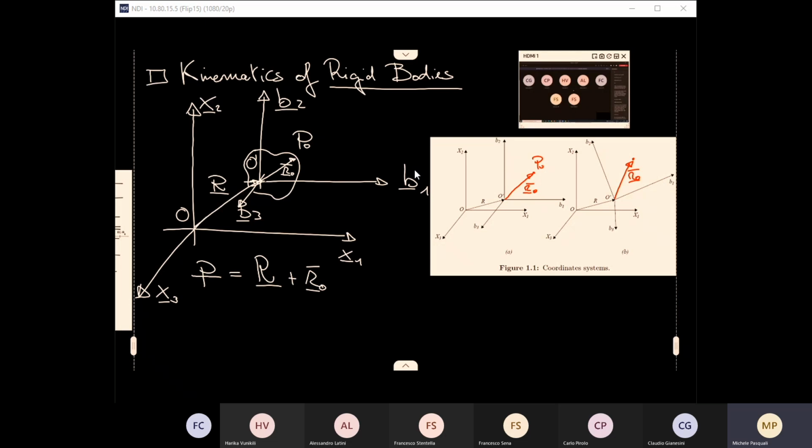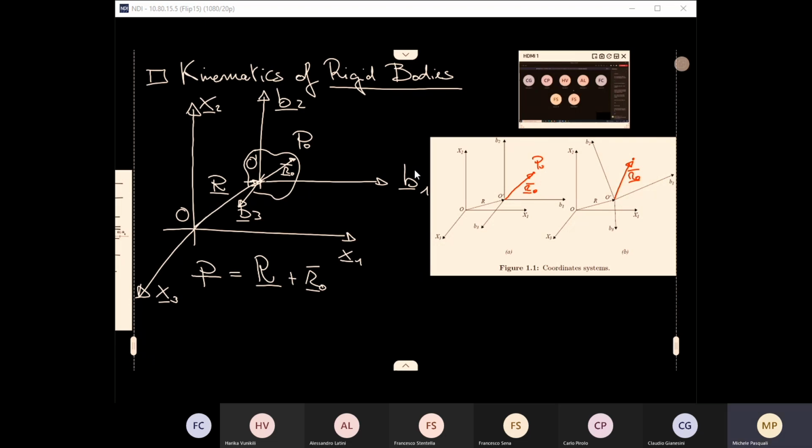But now I cannot say anymore that the position of point P0 is R plus R0 overbar, because I cannot sum quantities which are described with respect to 2 different frames. Before I could do that because the two frames were parallel, and so there was no difference. But in this case I cannot do it anymore, because the components of R0 will not be the same anymore if expressed in the inertial frame.